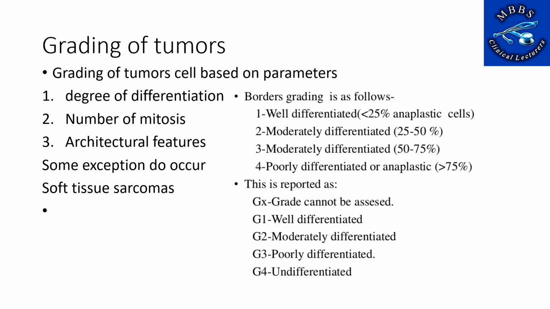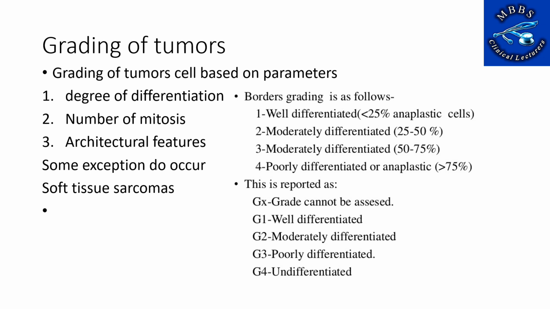Now the second important parameter is the number of mitoses. Some tumors are giving, like, 2 mitoses per 10 high power fields. Under the microscope, the histopathologist is going to search and count the mitoses per high power field. And the third category is the architectural feature.